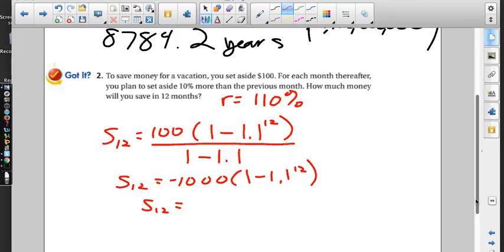I think you put your parentheses in there. Which place? Tenths place. Same thing with hundreds. So I got $2,138 and 43 cents. Wow.